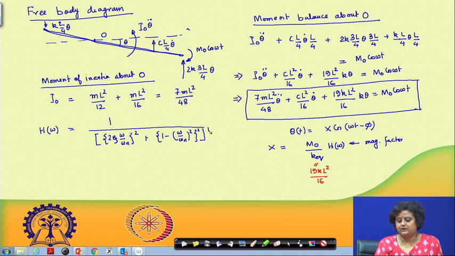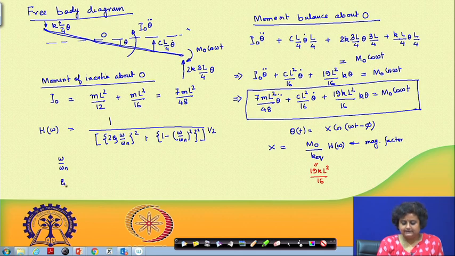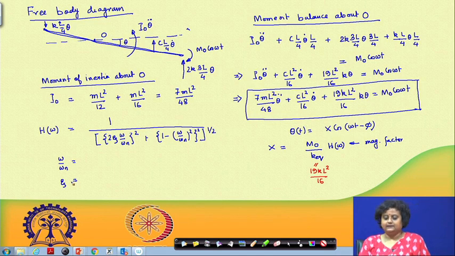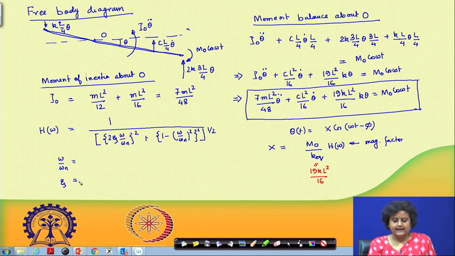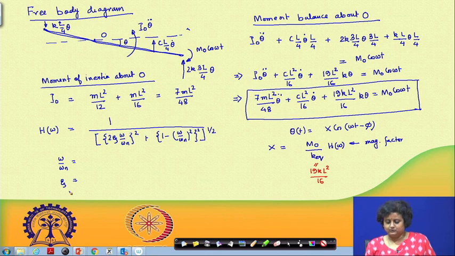So, to evaluate the magnification factor, I need the ratio omega by omega n and I need the damping factor. So, these are the two things that I need. So, I have to find out this frequency ratio and the damping factor. So, let us do that.